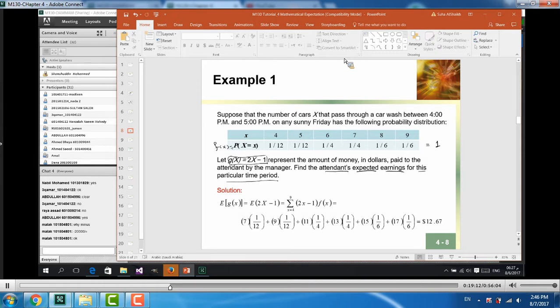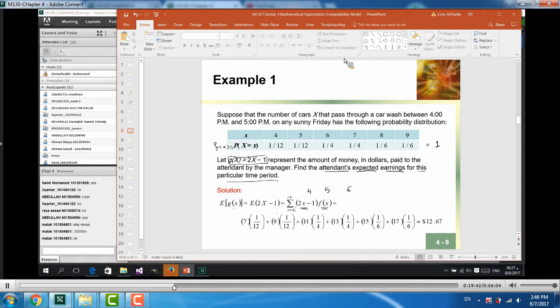Clearly this is discrete, so I am going to do it using the sum, not the integration. The expected value of g(x), which is 2x minus 1, is the sum of g(x) f(x). g(x) is 2x minus 1 and f(x) is the probability value. The x moves from 4 to 9.